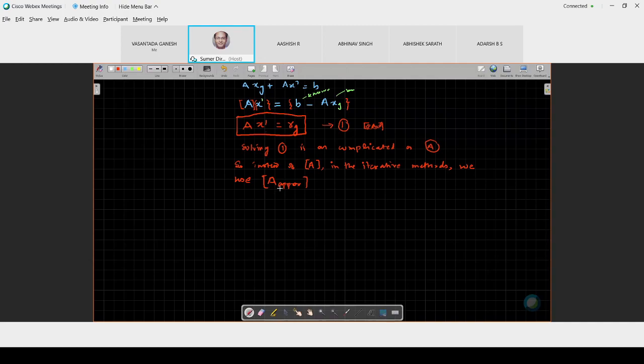Based on the forms of A approximation, A approx, there are a variety of iterative methods.